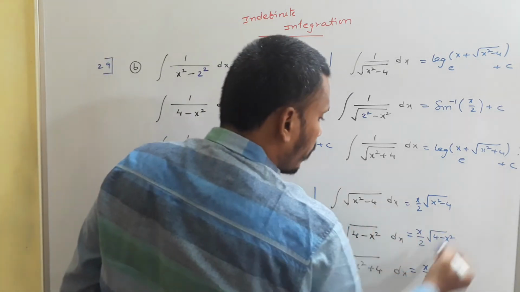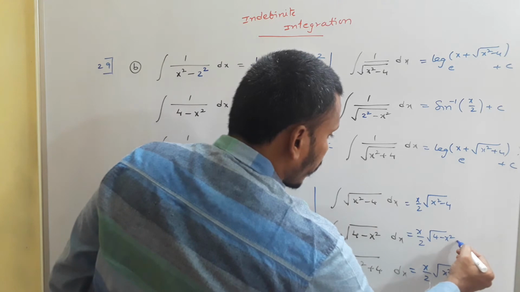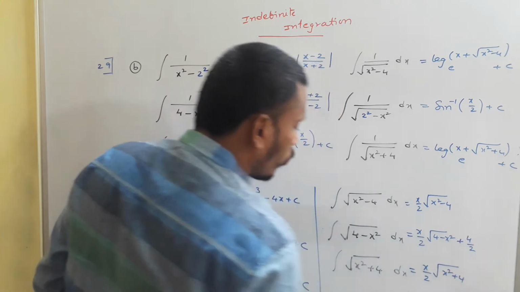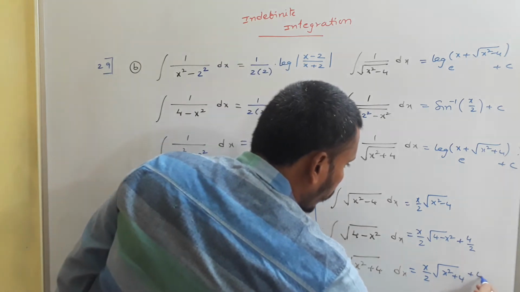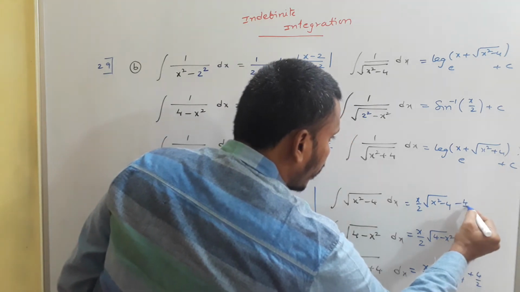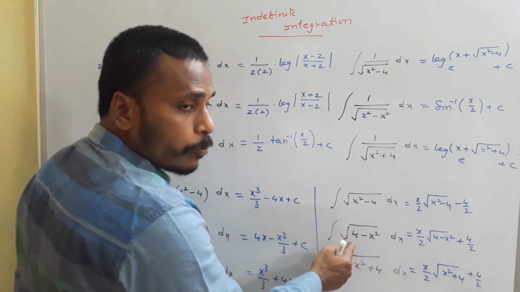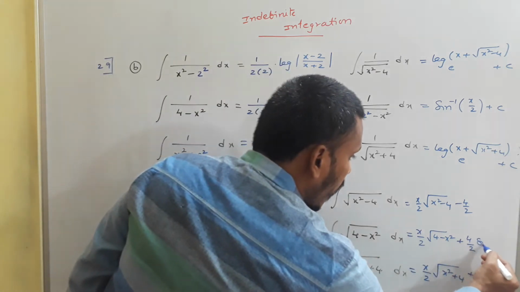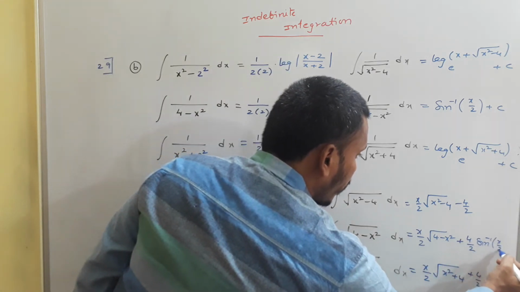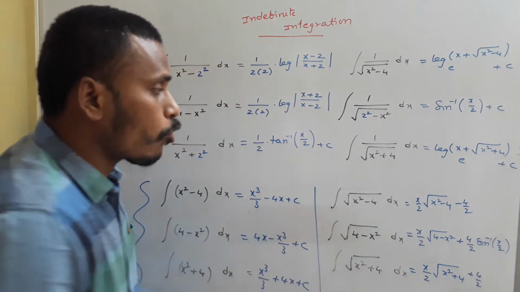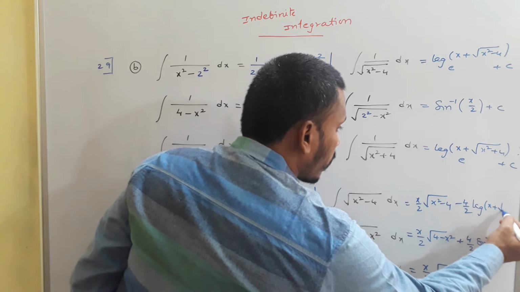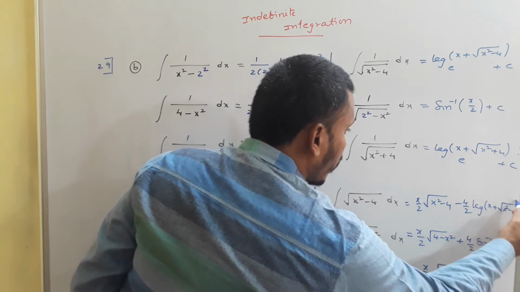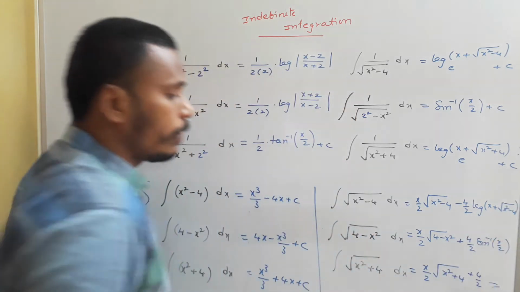Okay, a² by 2, so what we need to write: plus a² by 2, 4 by 2 into, and then for this plus again we will get 4 by 2, for this one we will get minus 4 by 2. And for this problem, root of a² minus x², our answer is sin inverse x by 2. Whereas for the first problem our answer is minus 4 by 2 into logarithm of x plus root of x² minus 4. Similarly we will answer the last one also.